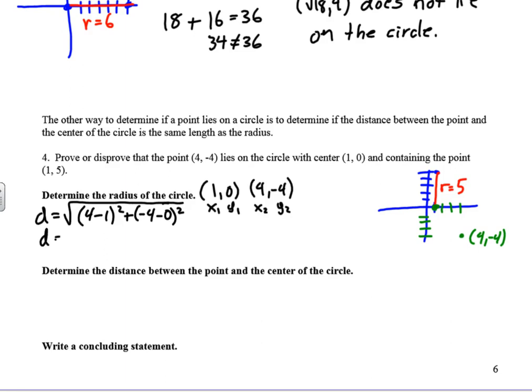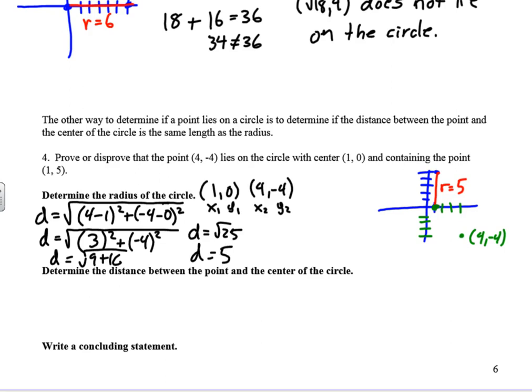So this would be 3 squared plus negative 4 squared. So that would be the square root of 9 plus 16, which is the square root of 25, which is 5.